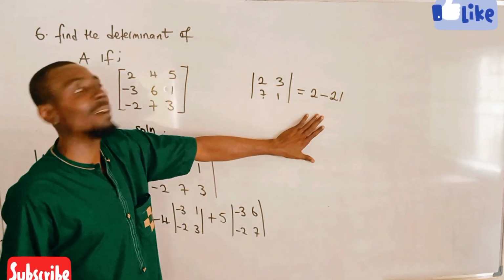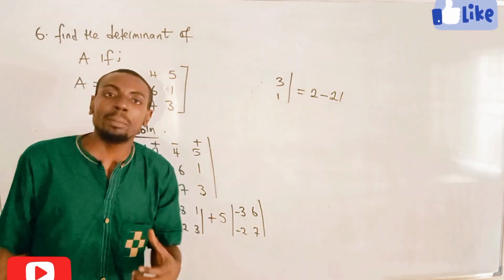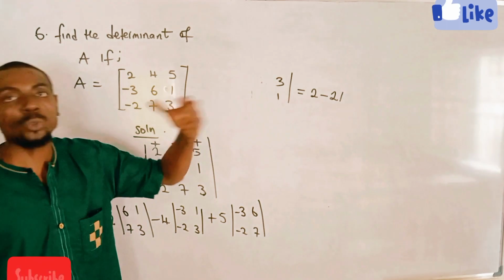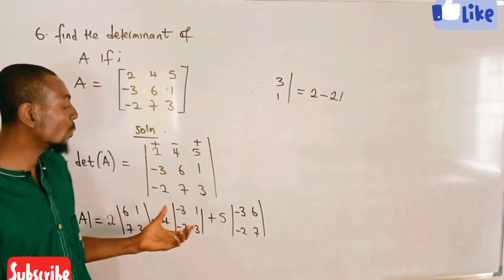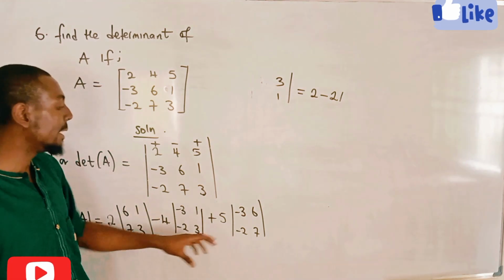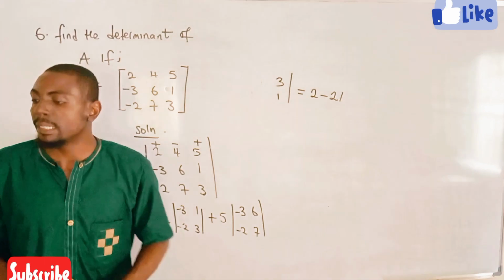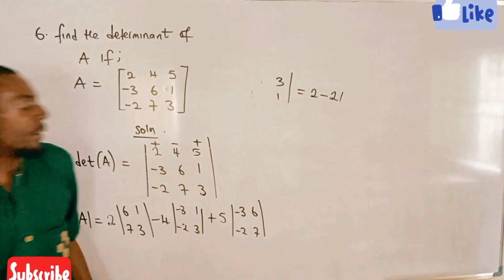Then when you subtract, you have the answer. Because it's a 3 by 3 matrix, we cannot use this method directly, so we use this particular method to convert it to 2 by 2 equivalents, so that it is easy for us to carry out.